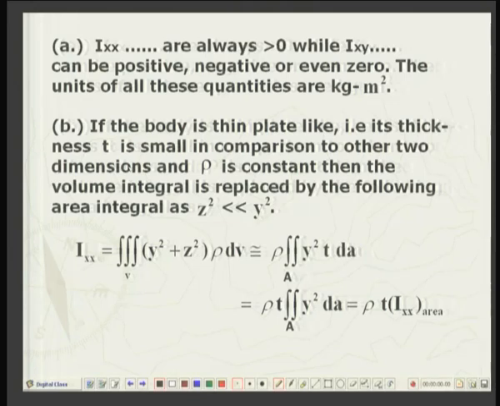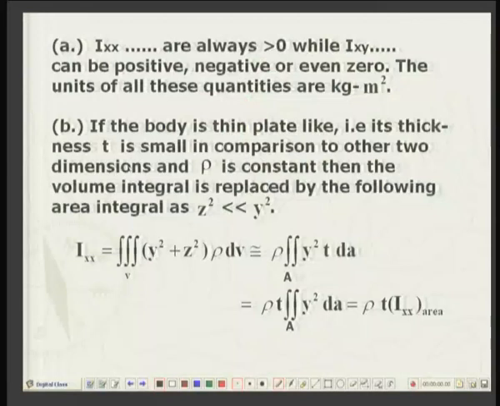They will be 0 only when the body degenerates to a point, in which case the volume integral will be 0. Otherwise it is non-zero. So if the body is a finite body, not a zero volume body, these moments of inertia terms will always be positive.